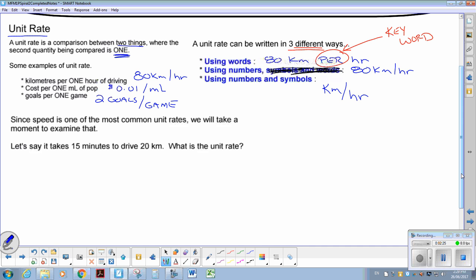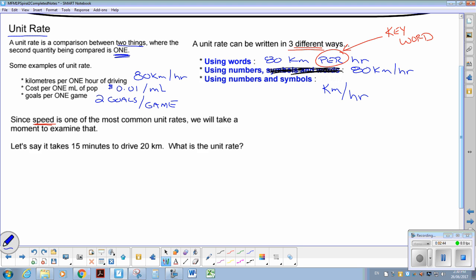Speed is one of the most common unit rates. If you look at the signs on the road for how fast you're going, it's a unit rate posting. We're going to take a moment to examine that. Let's say it takes 15 minutes to drive 20 kilometers. What is the unit rate?